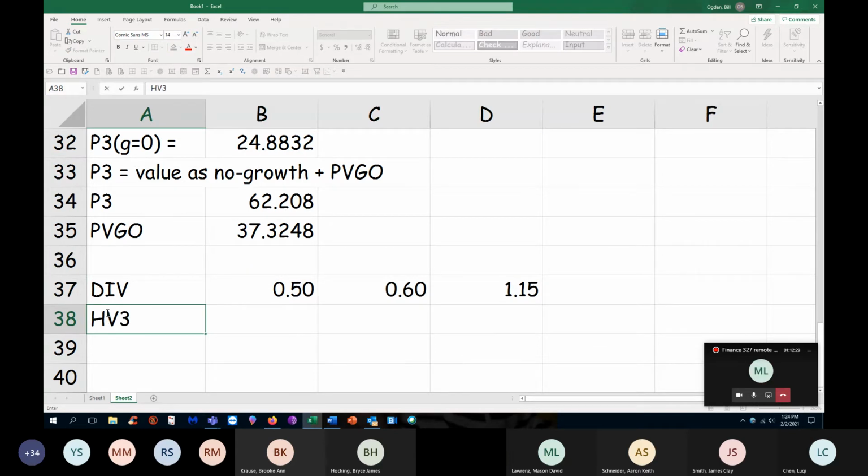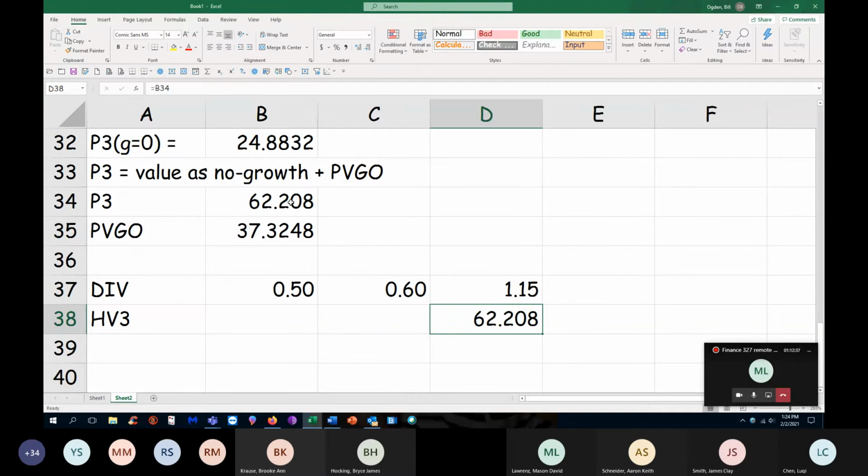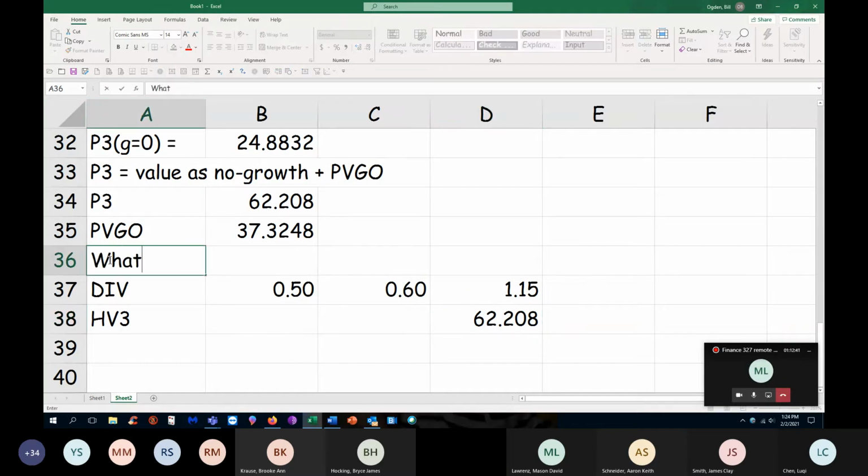We know that our horizon value was P3, and the way we initially valued this, we just put this in here, didn't we? Now let's put up a what if we're going to work with. What happens if it's no growth after year 3?